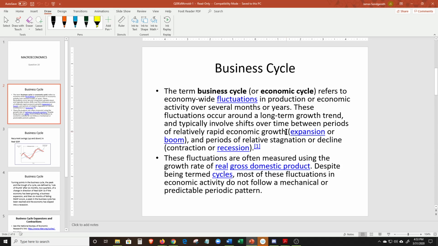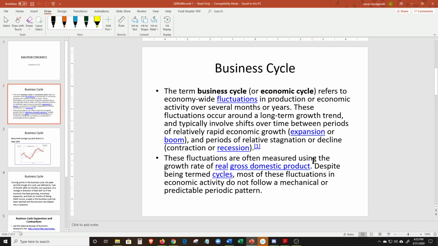These fluctuations occur around a long-term growth trend and typically involve shifts over time between periods of relatively rapid economic growth, expansion or boom, and periods of relative stagnation or decline, contraction or recession. And these fluctuations are measured using the growth rate of real gross domestic product. Despite being termed cycles, most of these fluctuations in economic activity do not follow a mechanical or predictable periodic pattern.